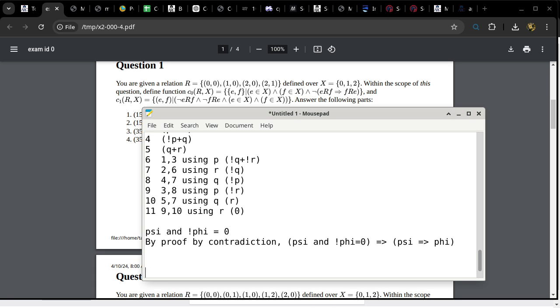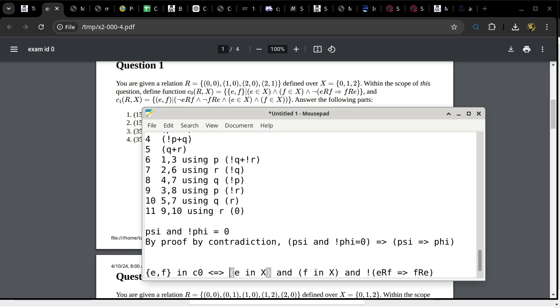So I'm going to convert the whole thing into the notation that we have used before, which is really saying EF is in C0 as a set, if and only if E is in X and F is in X, and it is not the case that ERF implies FRE.